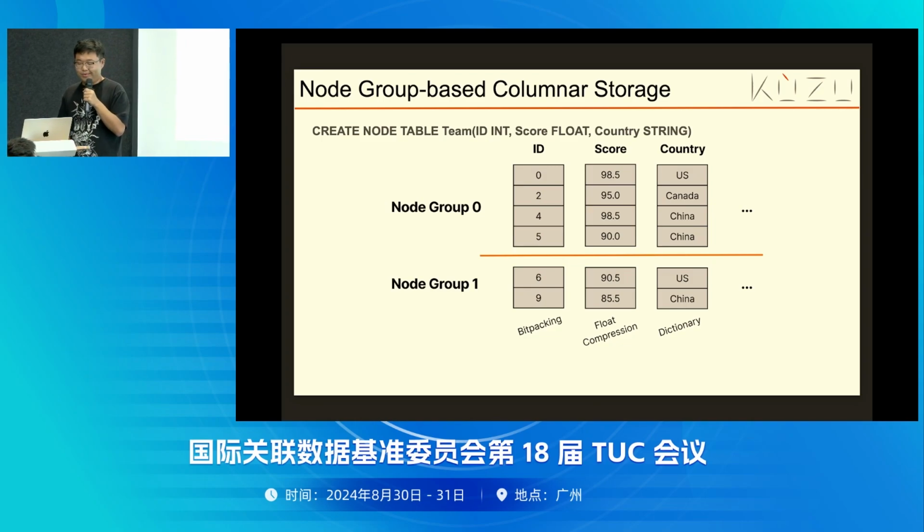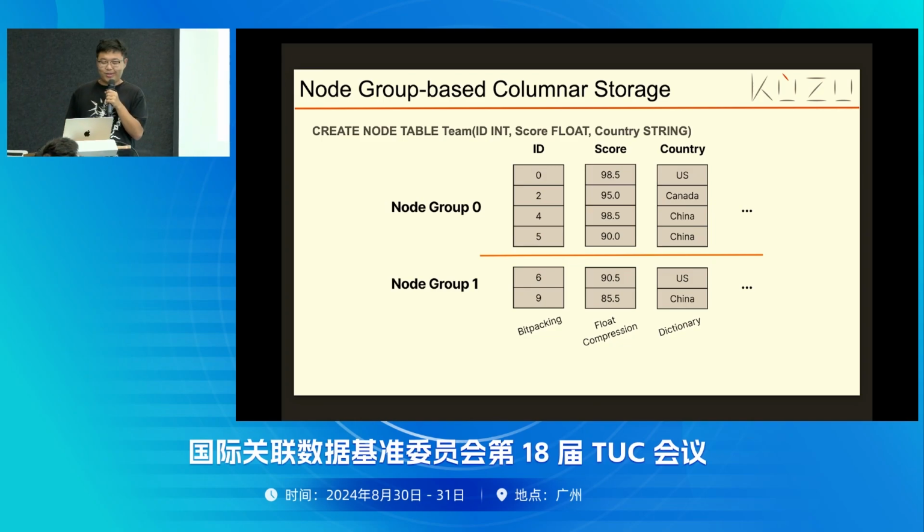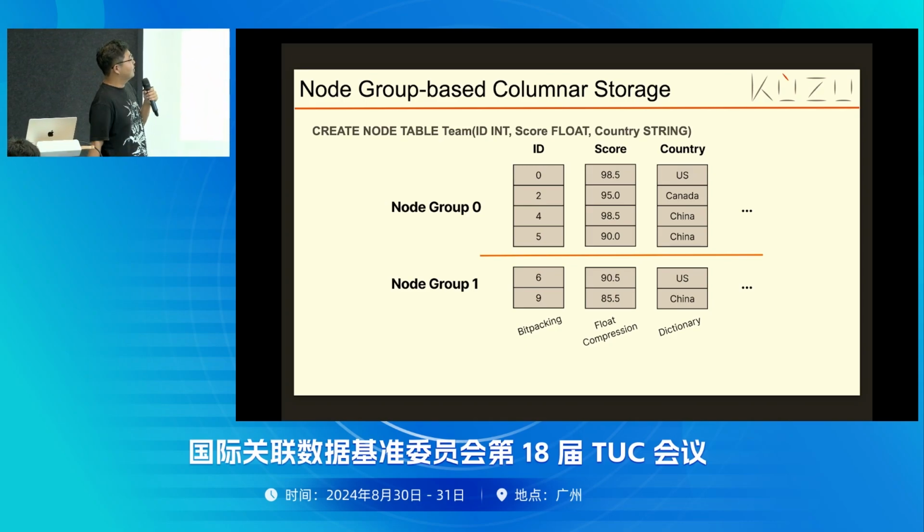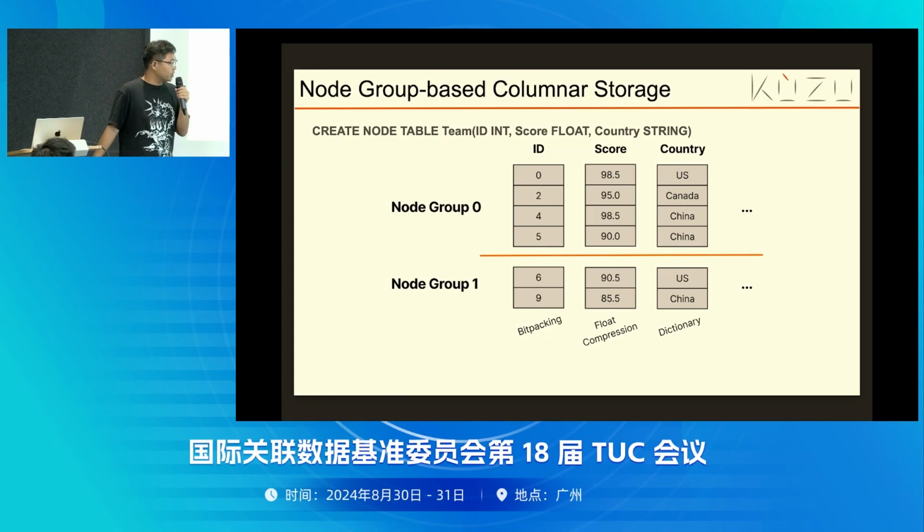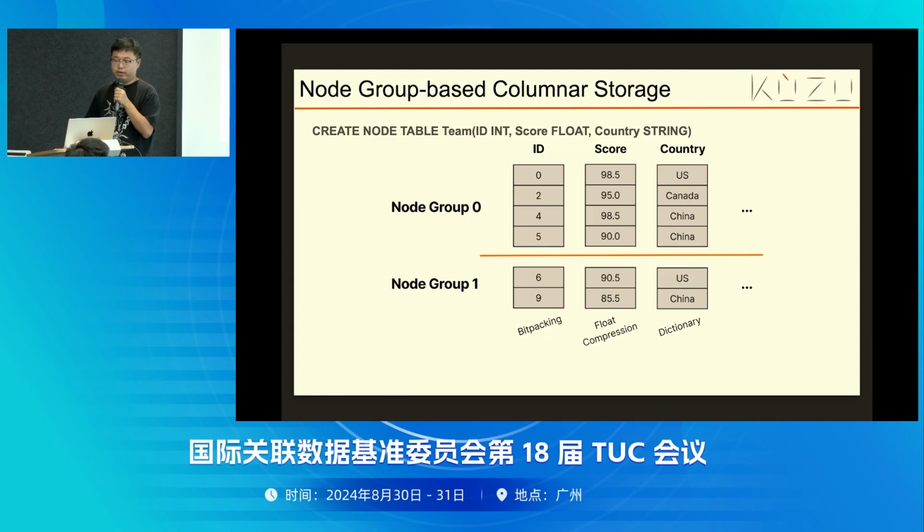For compression algorithms, because we are columnar storage, it's very natural for us to integrate different compression algorithms. Here, I just give an example of three compressions that we implemented. The ID column is an integer column, so we do bit packing compression over it. For the score column, we do floating point compression. The country column is a string column, so we do string dictionary compression.